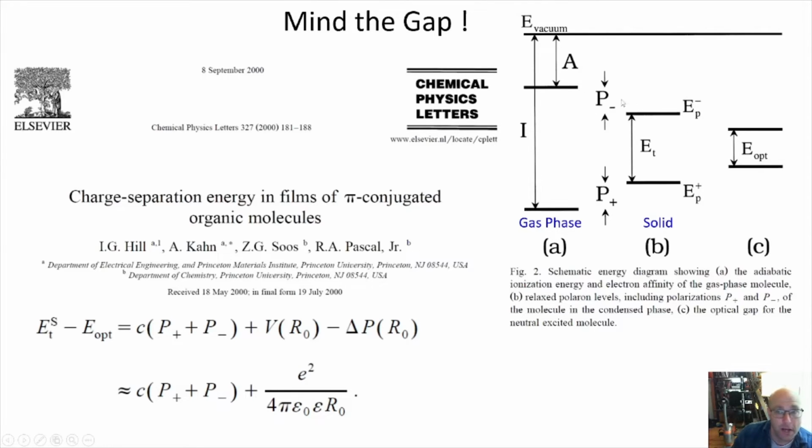And they also point out that in the solid state, you have solid state polarization effects that change ionization and electron affinities compared to what they would be in the gas phase. And so there's a lot of complicated physics that can go into actually understanding band diagrams in molecular solids. You've got many different contributions to excited states, none of them very easy to access.